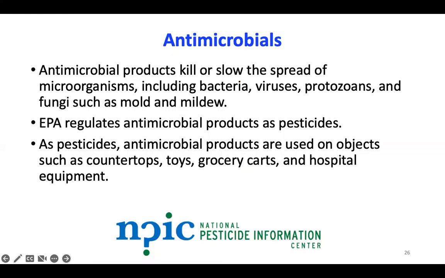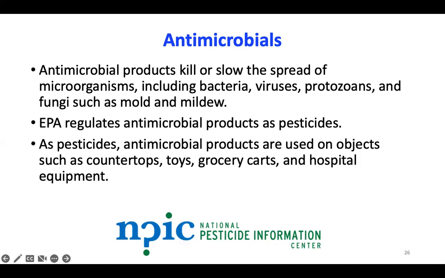So antimicrobial products kill or slow the spread of microorganisms, including bacteria, viruses, protozoans, and fungi such as mold and mildew. If a product's label claims to kill, control, repel, mitigate, or reduce a pest, it is a pesticide, and it is regulated by the EPA. So the EPA regulates antimicrobial products as pesticides.